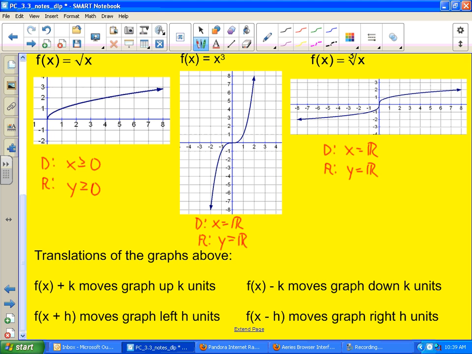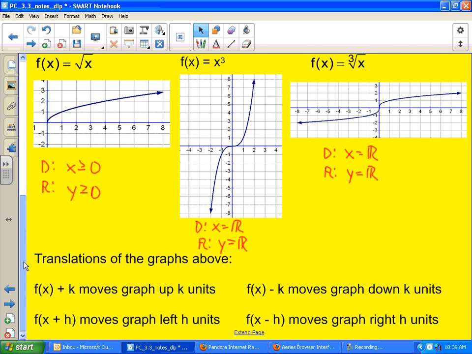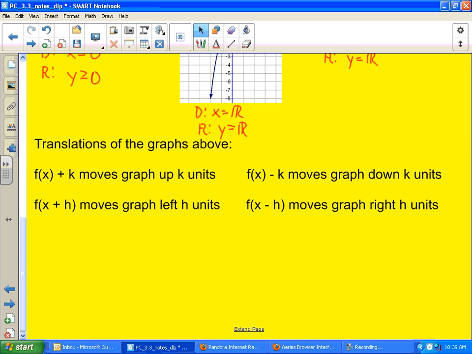All right, so those are our parent functions. Again, if you knew them, it helped you thinking about conceptually the shape of the graph. And then lastly, again, FYI, translations, that's when we move the graph. And translations occur up or down when you have some constant value outside of the function, f(x) plus or minus k.